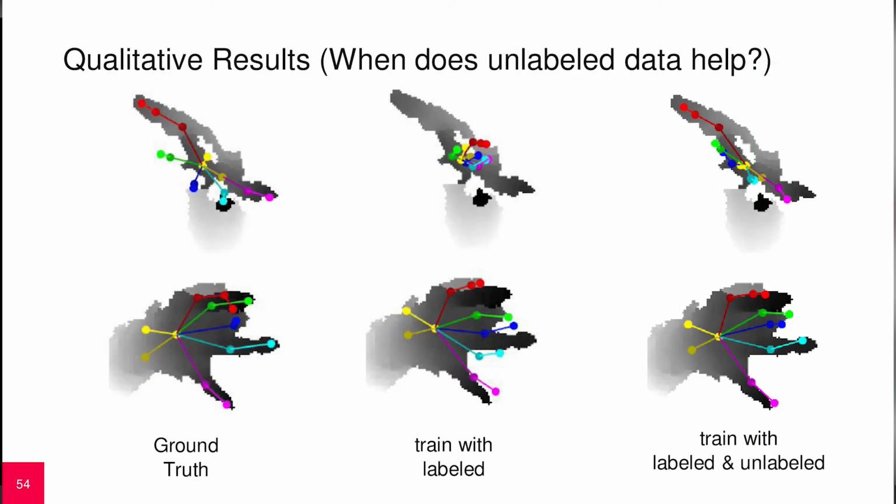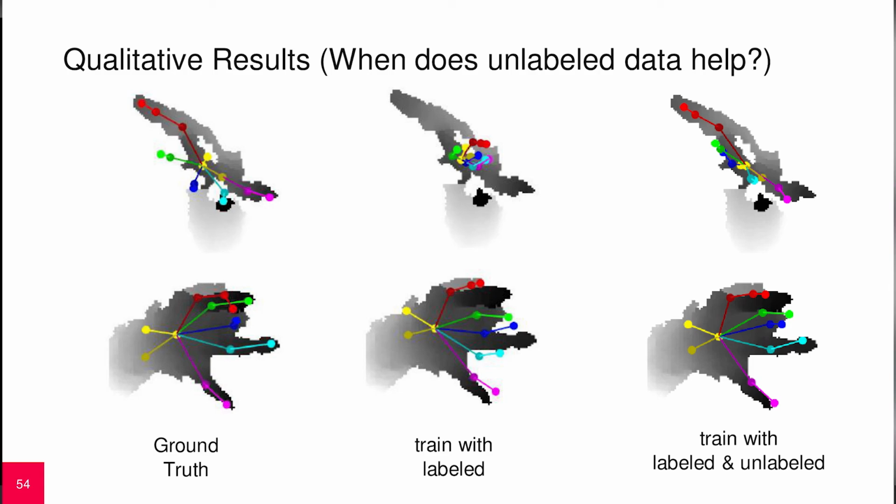And finally, or maybe the second last result I wanted to show you, is some qualitative results where we're investigating where this unlabeled data especially helps. And what we find, maybe unsurprisingly, is that it helps in cases where there are a lot of distortions. So here you see two samples: the ground truth on the left, training only with labeled data in the middle, and then our approach training with labeled and unlabeled together.